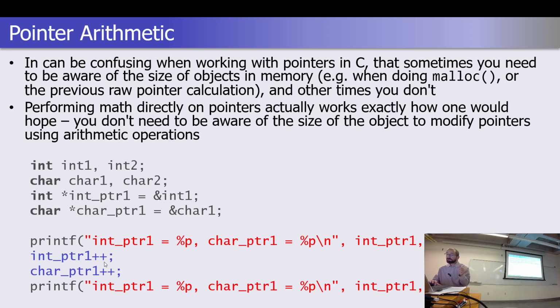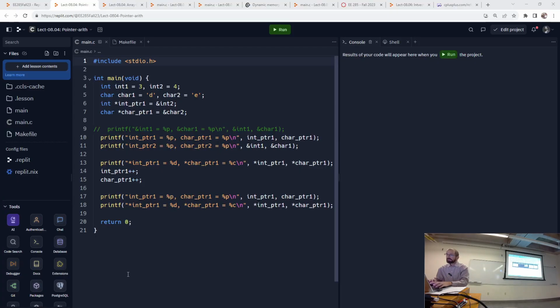When we do int pointer plus plus or versus char pointer plus plus or my custom structure pointer plus plus, the result is actually not equivalent to doing an integer arithmetic. It is similar in nature, but it is adding one pointer to that object. It is now saying I point to this object. When I add one to it, I want to point to the next object. Let's look as this boots here what that winds up meaning in practice.